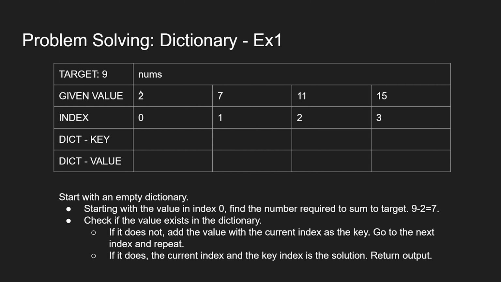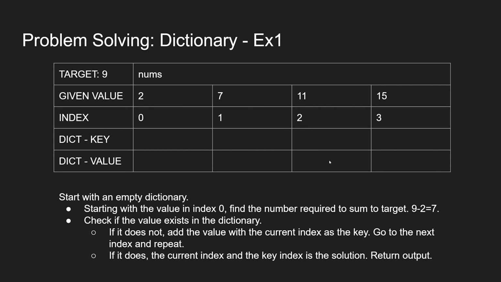So here is 2. And we subtract 2, or whatever number this is, from the target to get a value. That is the value we want, right? So 9 minus 2 equals 7. And then we check if that value exists in the dictionary.